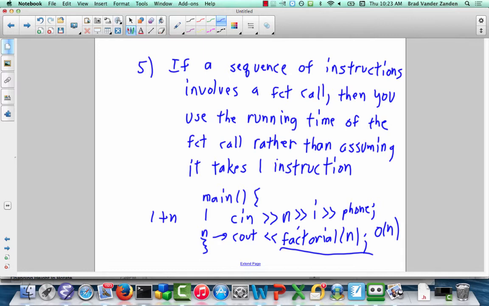This is why I say we're never going to get an exact count on the number of instructions. Okay, so we just make general assumptions like a read statement takes one instruction, a print statement takes one instruction. Okay, so we're just trying to get rough estimates. Now, in fact, we don't even typically go to this much trouble to try to get a T of n.